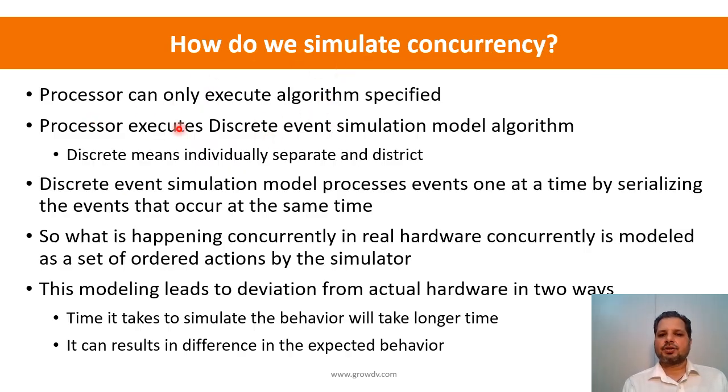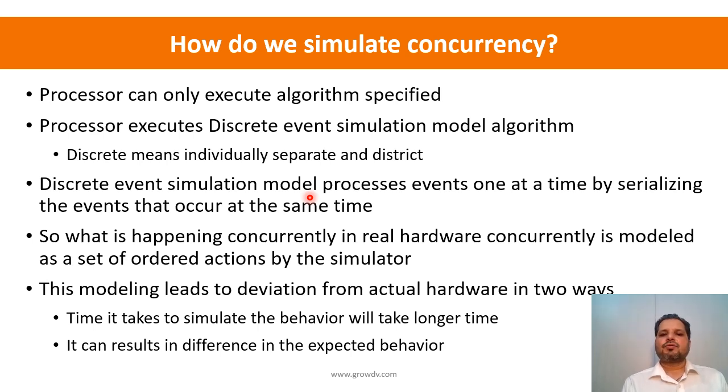We are just executing the discrete event simulation model, and this model will take the input events into consideration. It will apply the input event to all the affected components and thereby lead to generation of any additional events that are possible, and it will serialize and process those events. So that's how it will model the concurrency in the system being simulated.